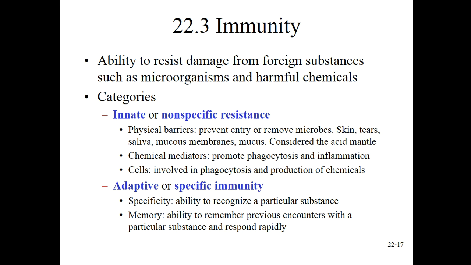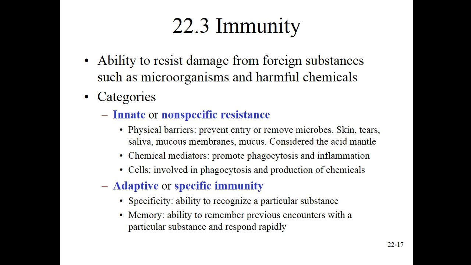Some of these chemicals are from the environment, from other creatures, or just nature in general. And so we have to be able to fend off germs and keep ourselves from being damaged by these environmental toxins. Different types of immunity are broken apart into this so-called innate or non-specific resistance and adaptive or specific immunity.